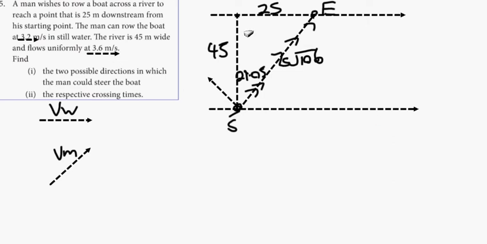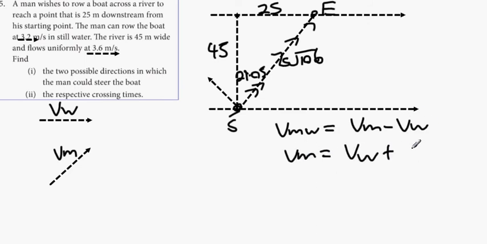So we're going to define the velocity of the man in water. Velocity of man in water is v_m minus v_w. Velocity of the man therefore is velocity of water plus velocity of man in water. We're going to start off our triangle using 2 vectors that start at the same point.